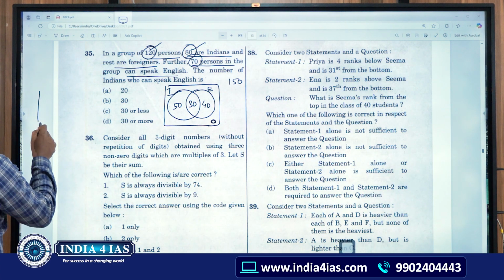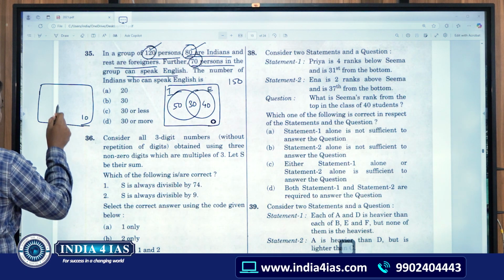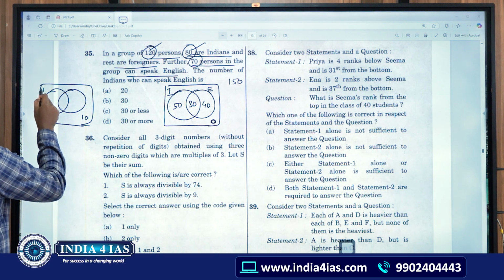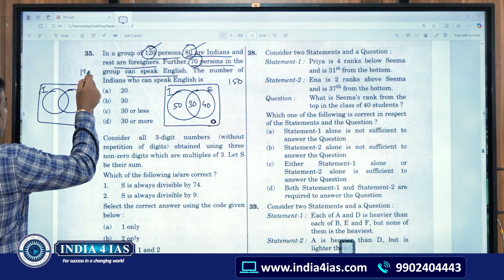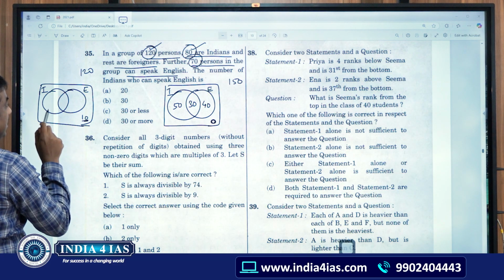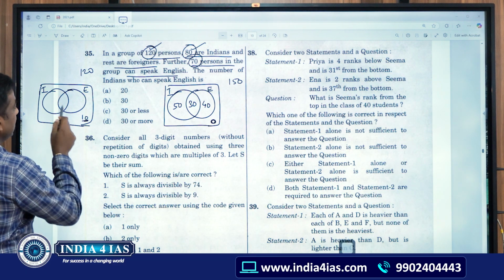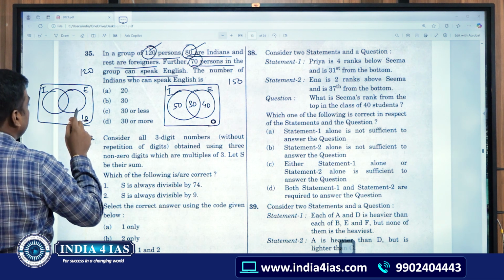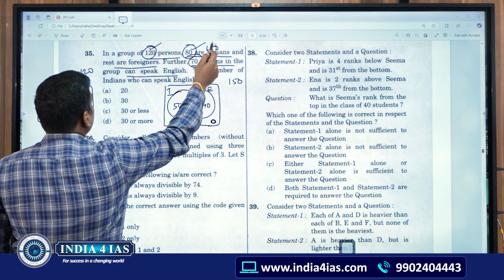But in another case, if I take 10 people who are neither Indians nor can speak English, what will happen? Indians here, English here, total is 120, 10 are neither Indians nor speak English. In that case the sum of these should be 110. But we have 80 and 70, so it is 150.